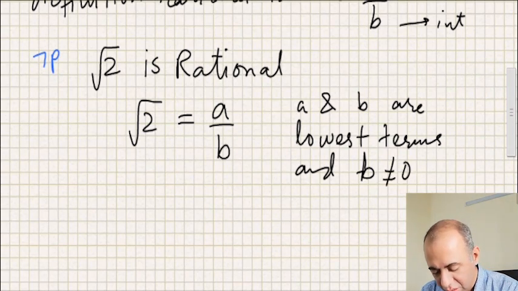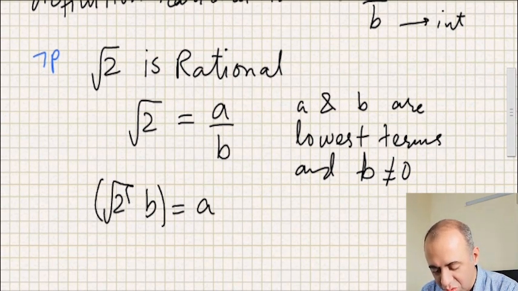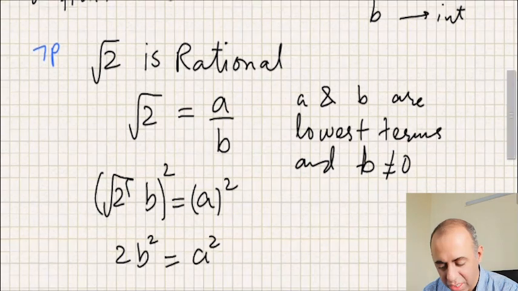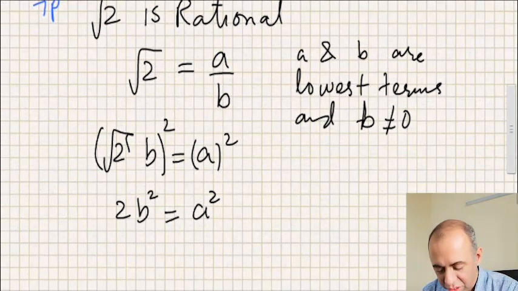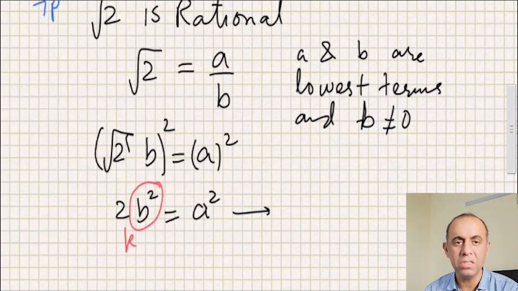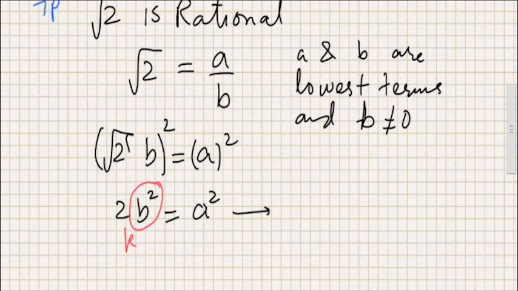Now we can write it down as square root 2 times b equal to a. Then we can take the square on both sides and we can write down 2b² equal to a², right? We can do that. And then we can see that, because b is an integer, b² will also be an integer. Let's call b² k, which is an integer.